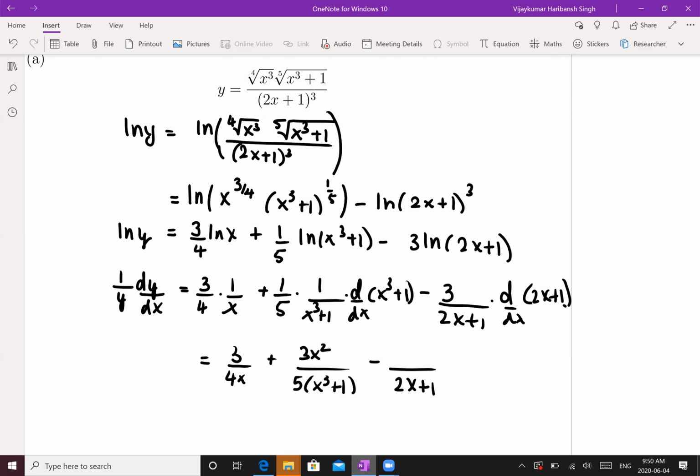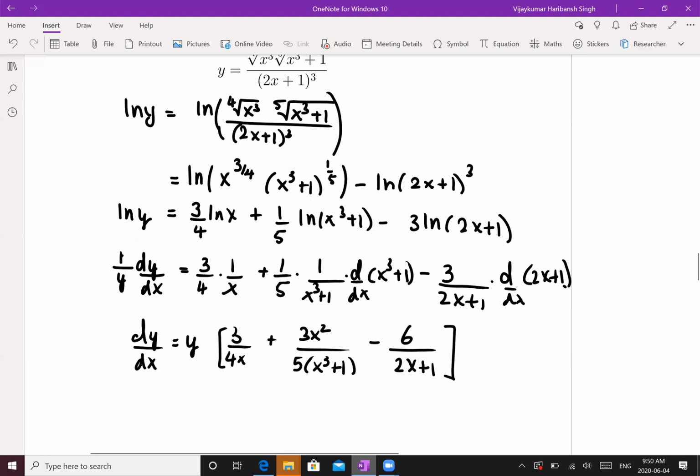So this is going to be 6. So this is your 1 by y dy by dx. So you can say dy by dx is going to be y times this, where y is as above.